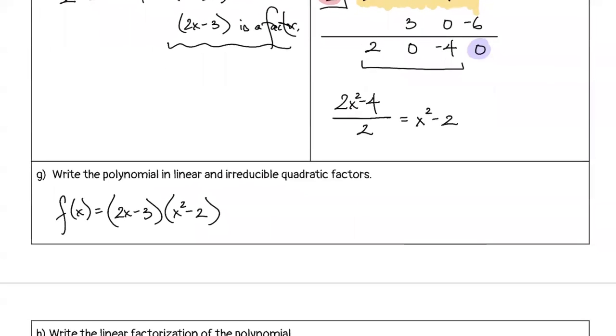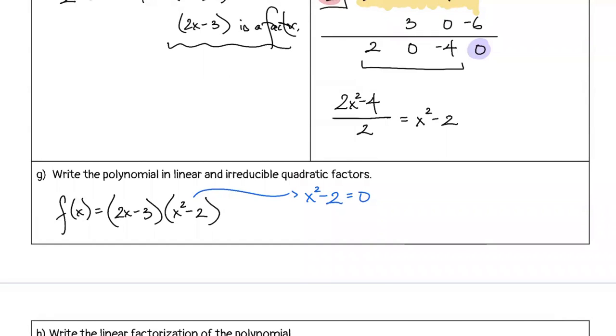This is not a linear factorization because I have a linear here, but I have a quadratic here. I put the word irreducible here, and I want us to think about if x squared minus 2 is irreducible or not. In other words, can we solve this to have real solutions?